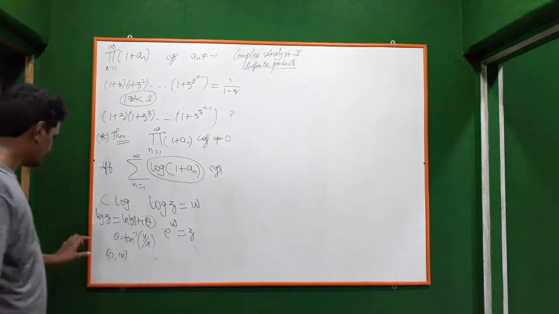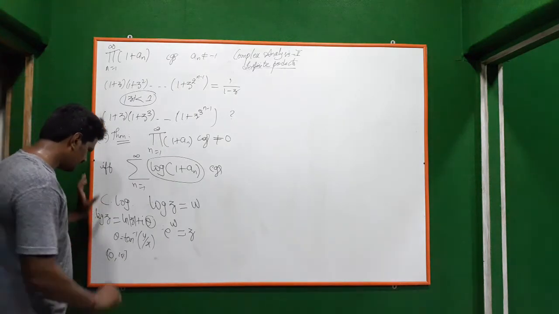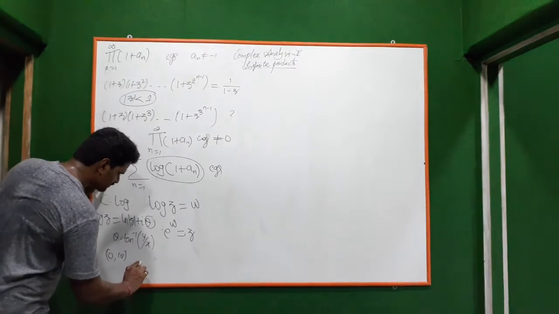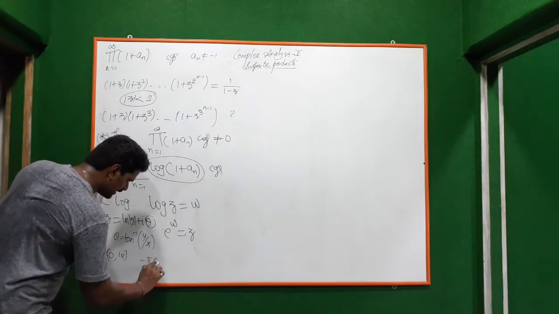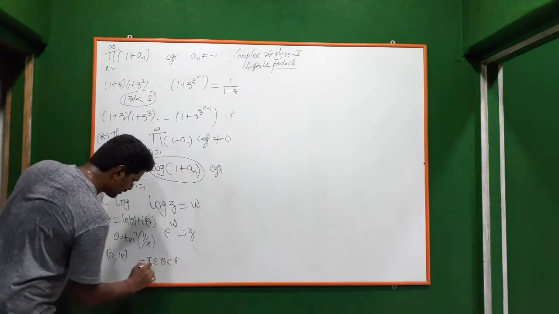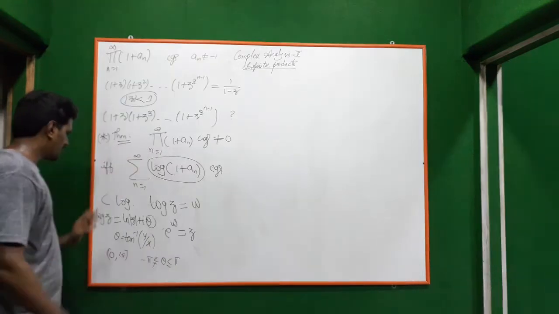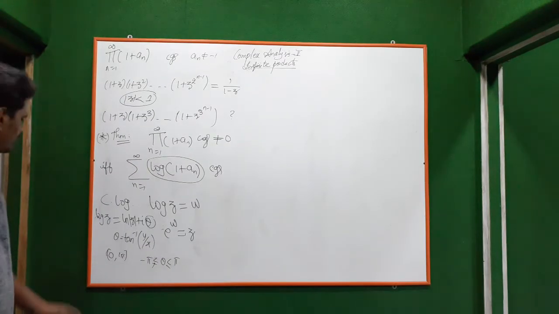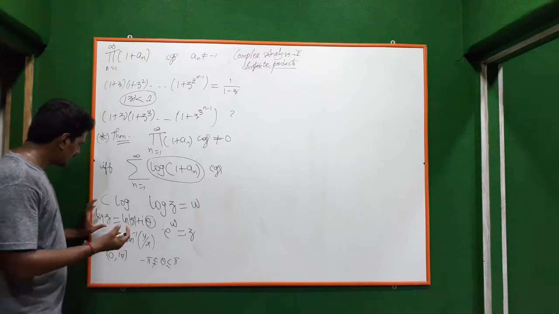Only single values. So what we can do is restrict theta to be from minus pi less than or equal to theta less than pi, or any such interval. If you restrict that, this will be a single valued function.